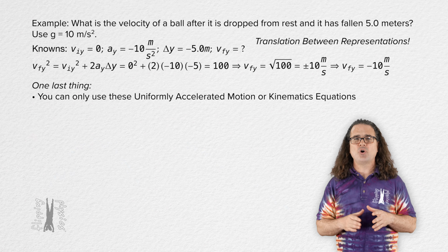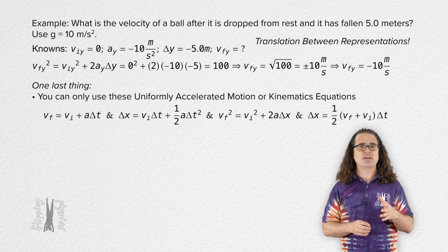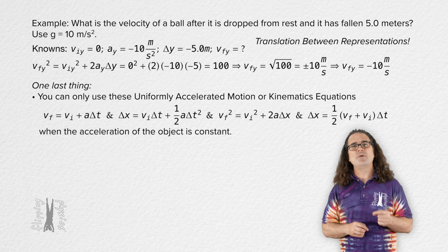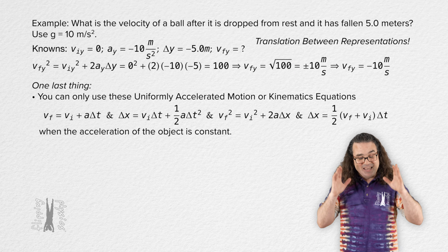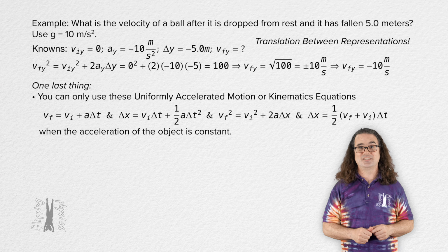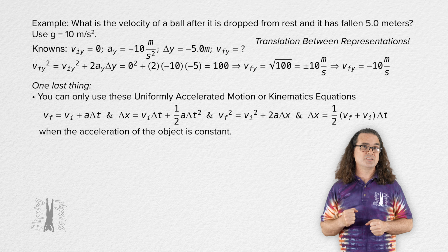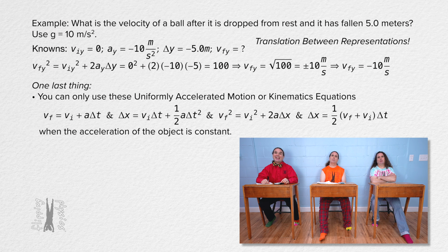And one last thing. Please realize you can only use the uniformly accelerated motion or kinematics equations when the acceleration of the object is constant. If the acceleration of the object is not constant, you must find another way to solve the problem. When is the acceleration not constant? And what other ways are possible?